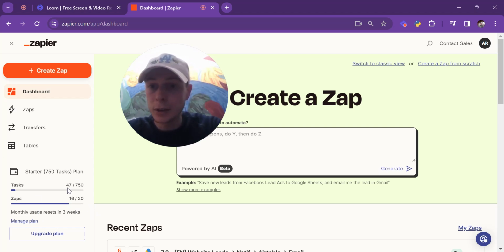So that's something you want to look at because, for instance, here we have 750. If I see usage of 600 tasks out of 750, and my monthly usage resets in 2 weeks, clearly I'm not going to make it.